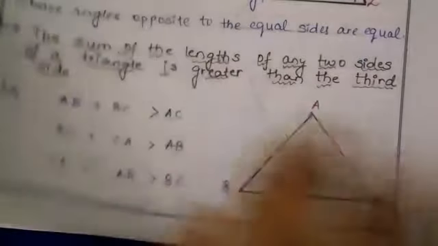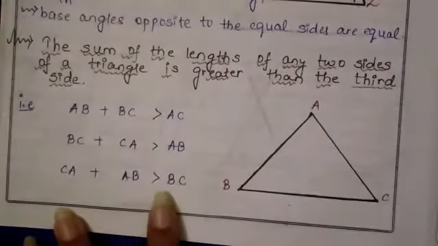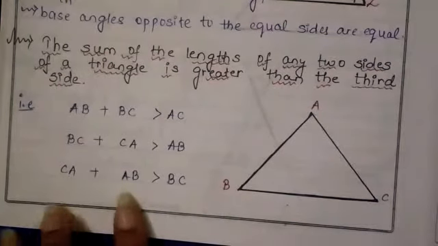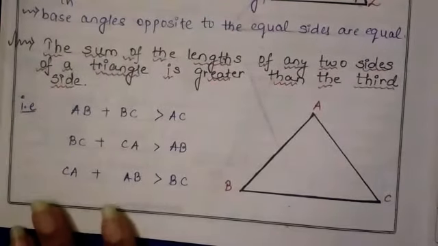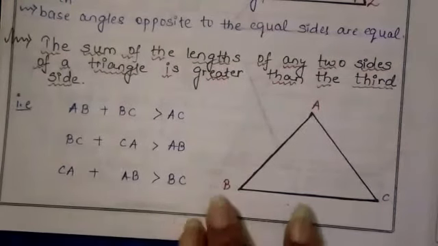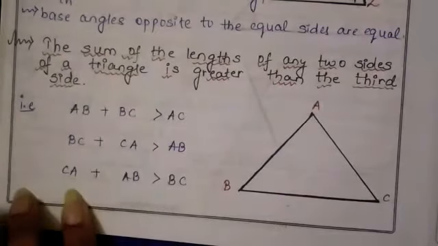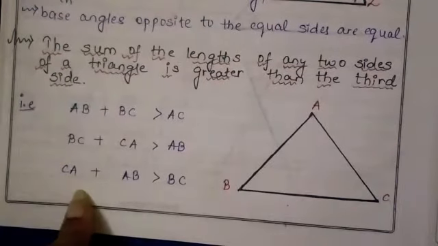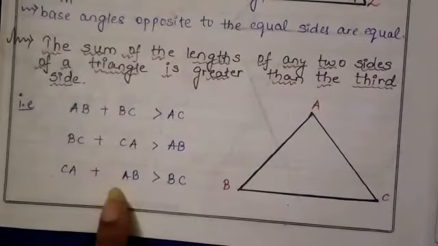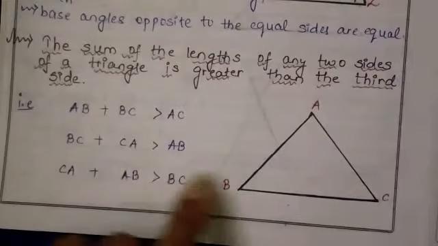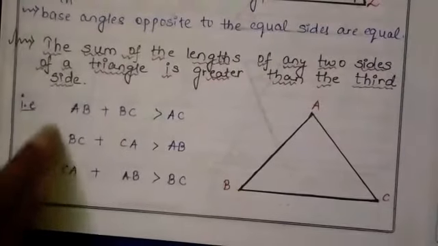If this condition is satisfied, then and only then can the triangle be formed, otherwise the triangle cannot be formed. Okay, so you can draw roughly a triangle of any measure and you can verify this property. This will definitely be satisfied, because a triangle can be formed only when these properties are satisfied.